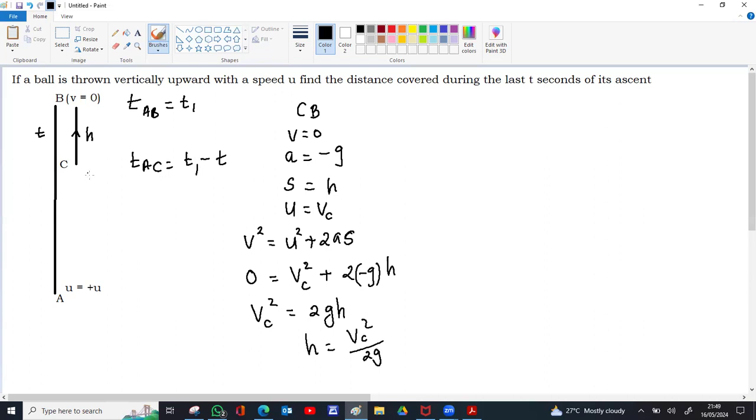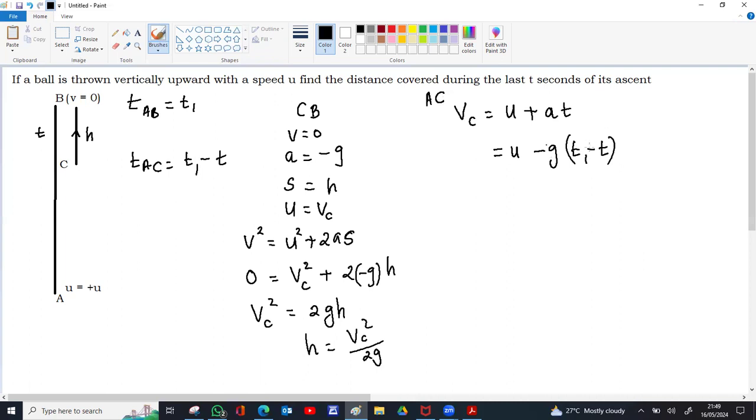So for finding Vc, velocity at C equals u plus at. So u is u, velocity at C we don't know, a is minus g. The time for AC is T1 minus T, where T1 is the total time for AB.